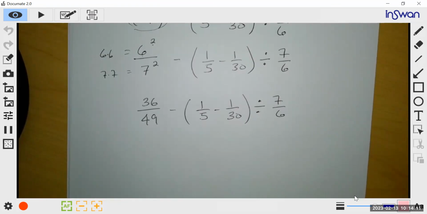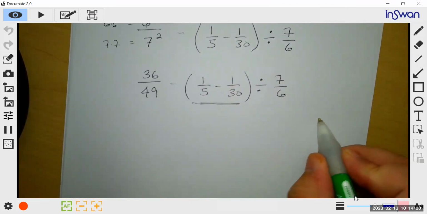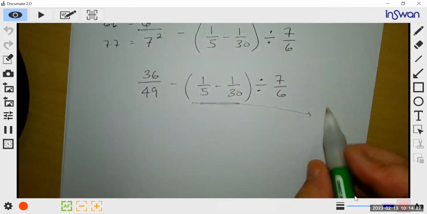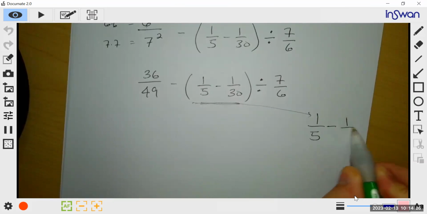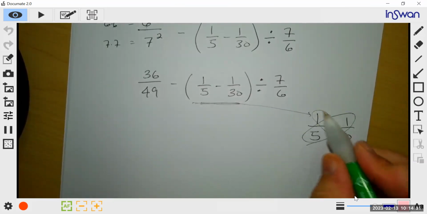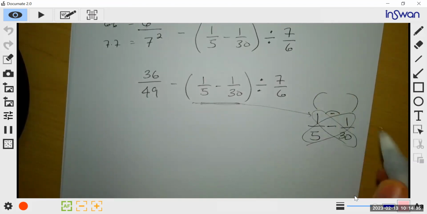Are there any other special operations inside the parentheses? We have to do that next. So 1/5 minus 30. It's a minus sign between there.